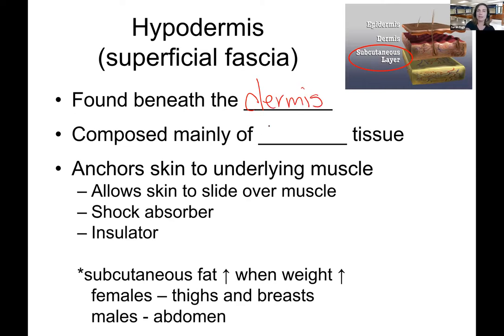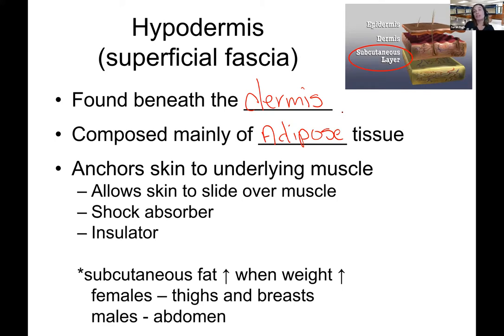And it's mostly adipose tissue, right? It's mostly fat. So it has all the same functions of fat. It is protective, it insulates, it absorbs shock, all of those things. This layer of fat in your hypodermis is very typical to increase when you gain weight.